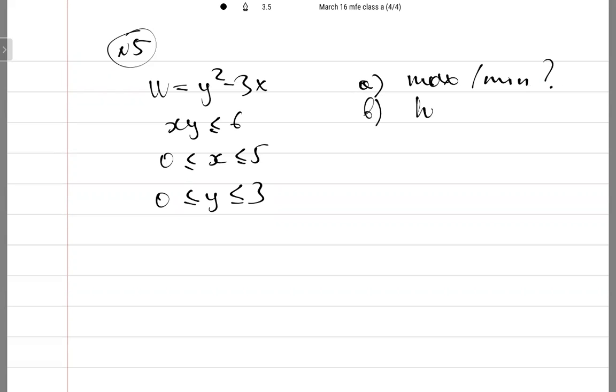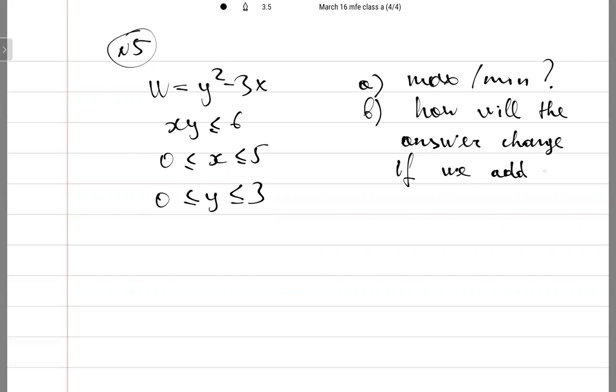And B: how will the answer change if we add plus 0.1 to the right-hand side of every constraint? Okay, that's the text of the problem.